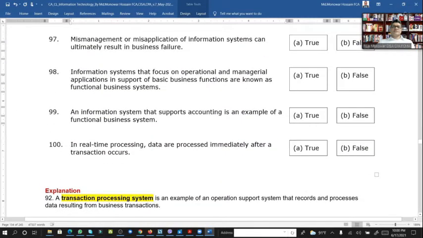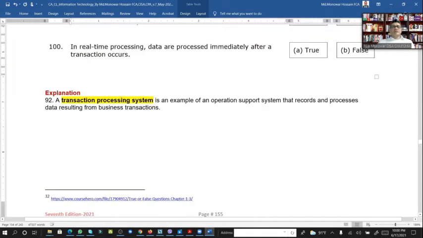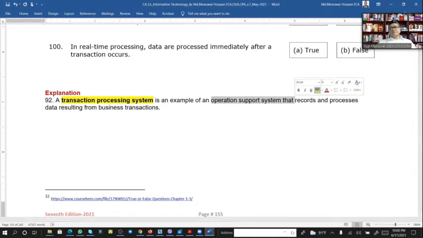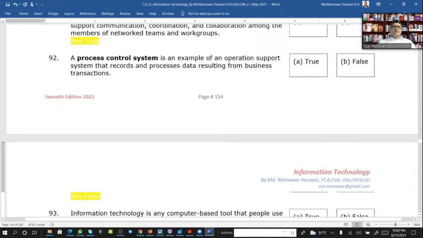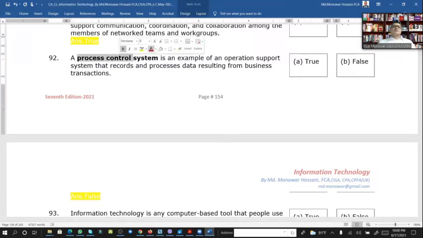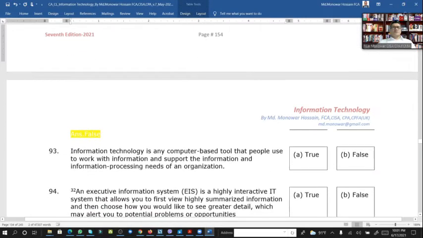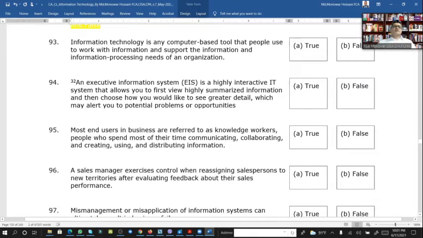As per the narration, a transaction processing system is an example of an operation support system. Here we are saying process control. It should be transaction processing system. Okay, so that's why it's false. Information technology is any computer-based tool that people use to work. It's also true.